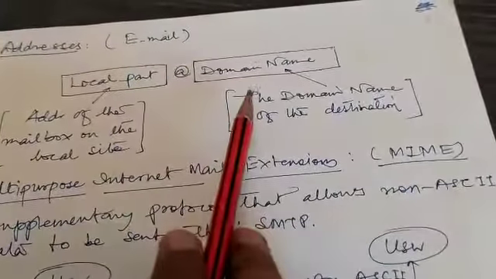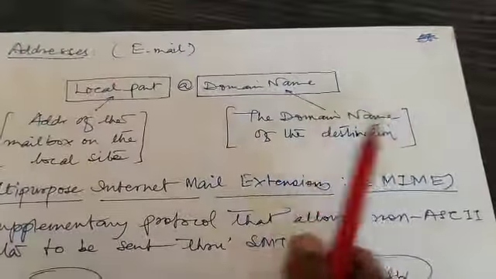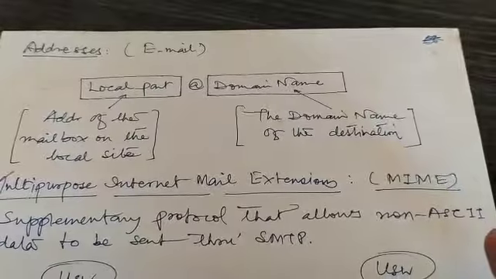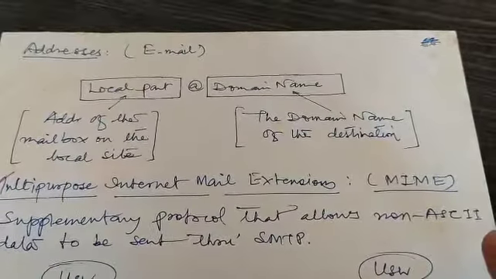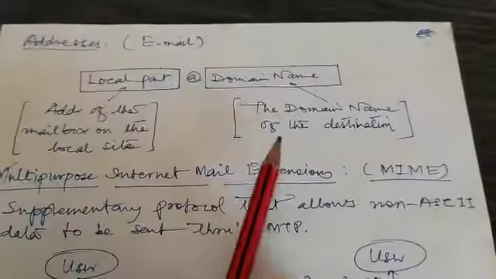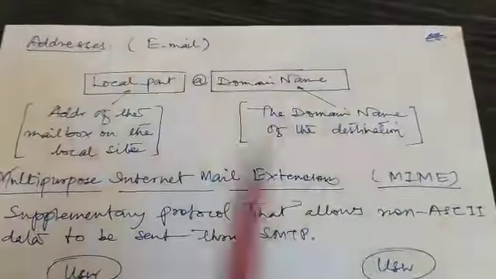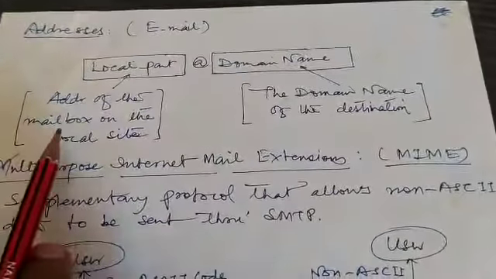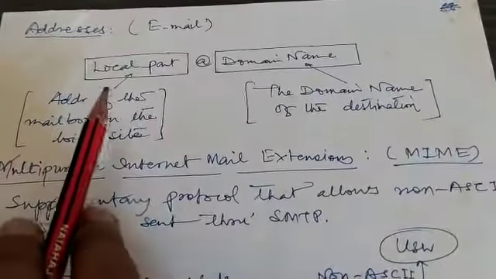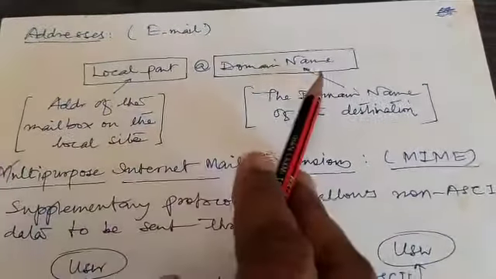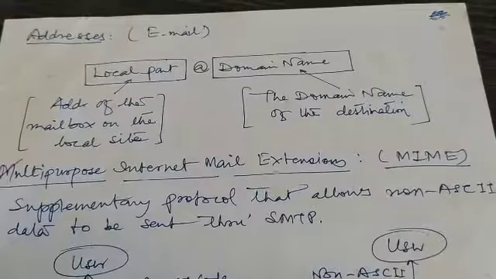And this domain name is the domain name of the destination. Say for example, the address of the mailbox is something like XYZ, and the domain name is for example gmail.com.